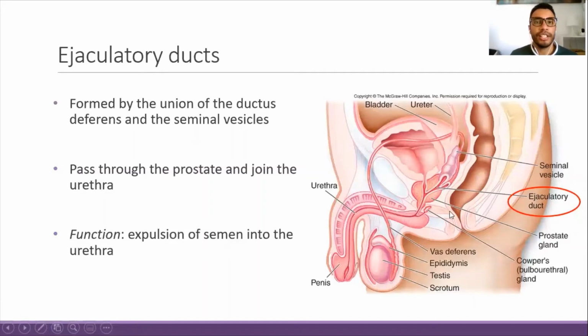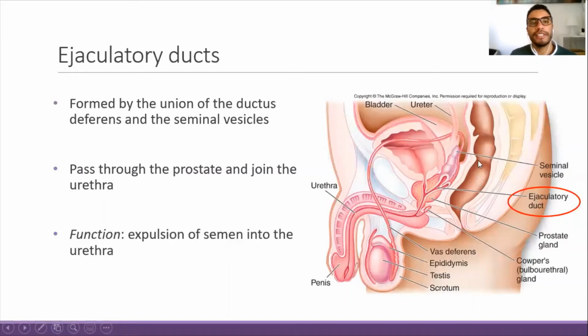It's a very short passageway, okay, formed by the union of the ductus deferens and the seminal vesicles. It will pass through the prostate and join the urethra. Okay, so this is the ejaculatory duct passing inside the prostate.